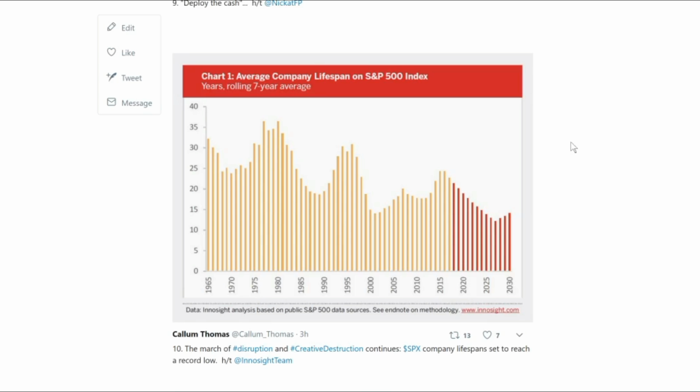But it does mean that the makeup of the index is always changing as well, and that can potentially lead to unintended consequences or unexpected allocations.